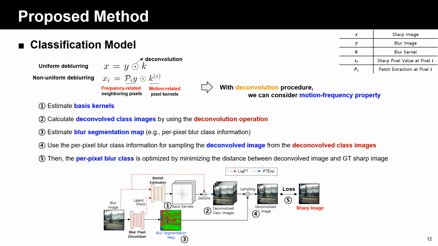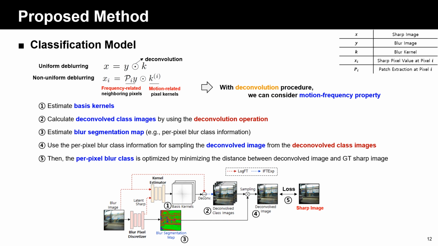In this slide, we explain our key module, blur classification model. As you can see in the figure, the blur pixel discretizer serves as estimating the blur segmentation map indicated as number 3, which indicates per pixel blur class information. The kernel estimator has a role in predicting several basis kernels indicated as number 1, so that we can obtain several corresponding deconvolved images, which is called deconvolved class images indicated as number 2.